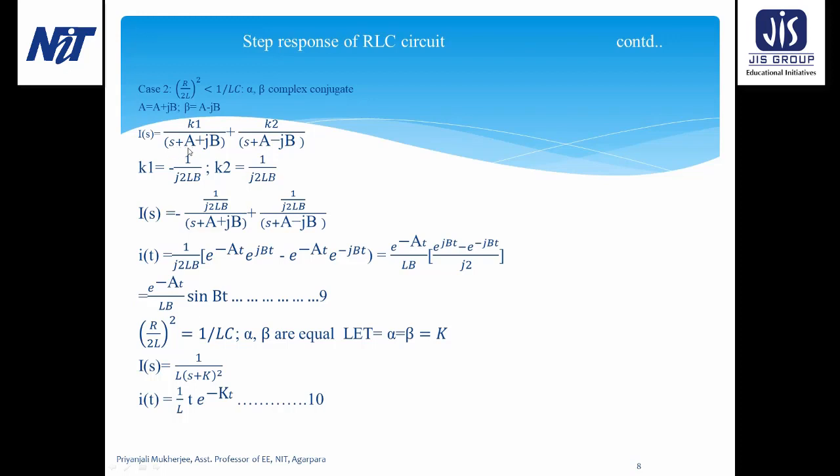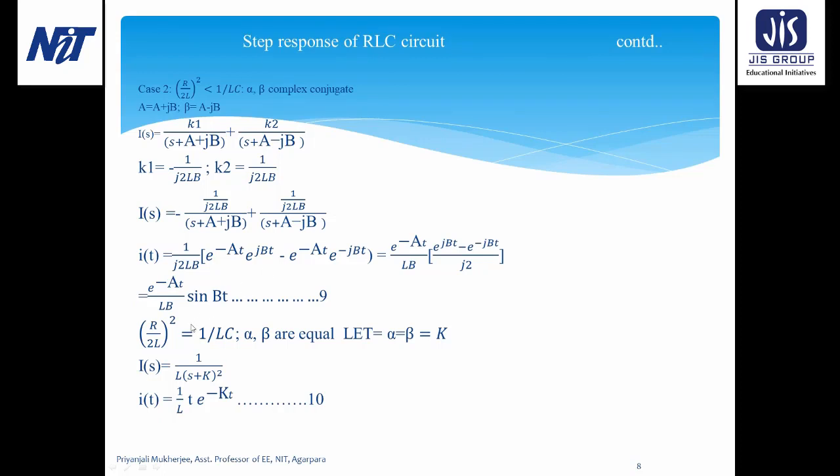So I(s) becomes K1 by (s plus alpha), that is A plus jB, plus K2 by (s plus beta), that is A minus jB. Solving, we find K1 is minus 1 by j into 2LB, and K2 is 1 by j into 2LB. So putting in the values of K1 and K2, I(s) becomes 1 by j 2LB by (s plus A plus jB) minus 1 by j 2LB by (s plus A minus jB).